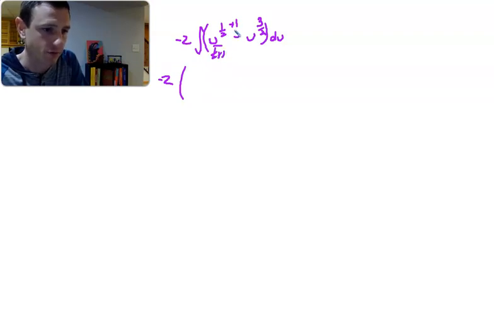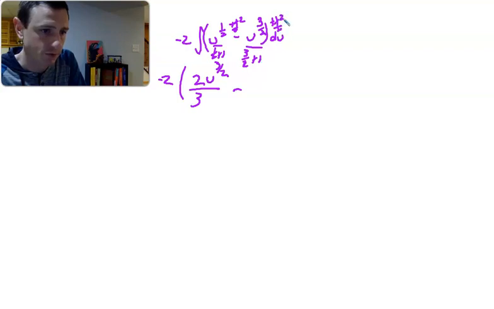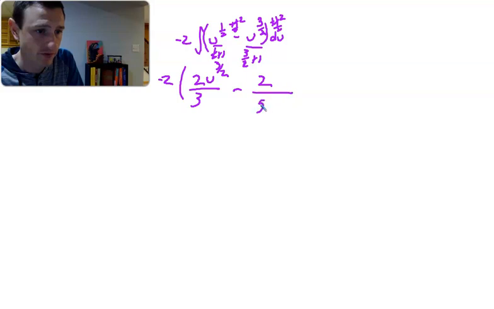U to the 1/2 plus 1 is going to be 3/2, which is going to be 2/3. So 2/3 u to the 3/2 minus, and then this is going to be plus 1 over 3/2 plus 1. So 3 plus 2 is 5. So this is going to be 2/5 u to the 5/2. Let me tack on that plus c.